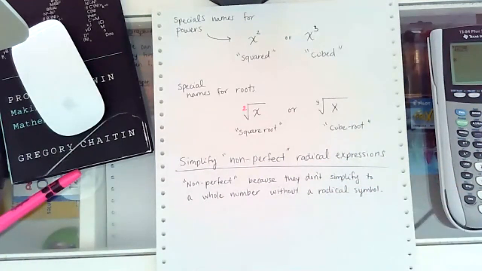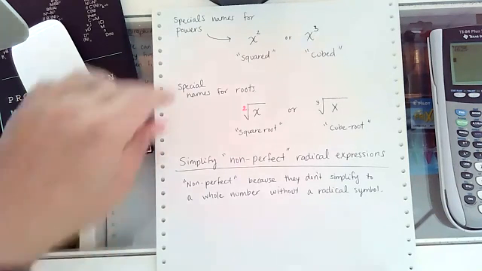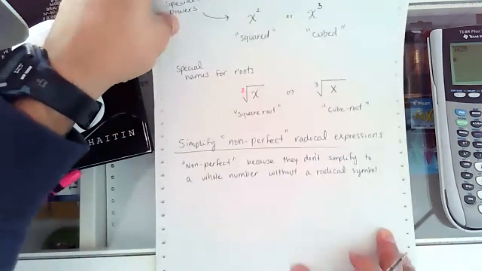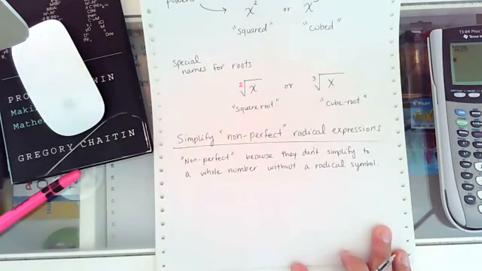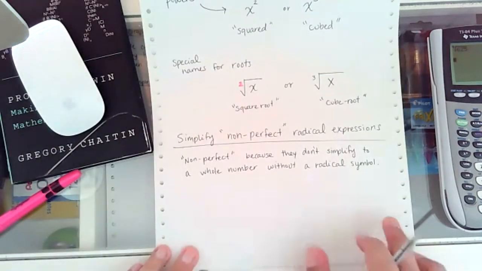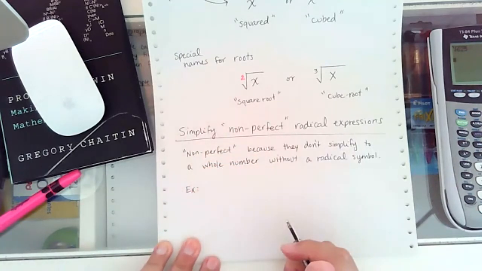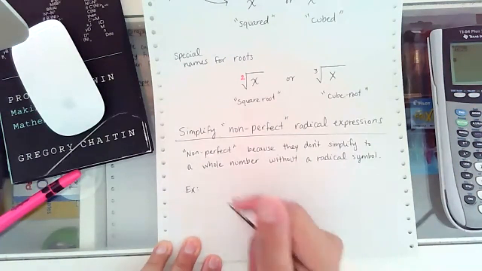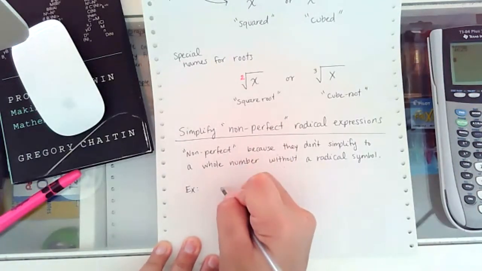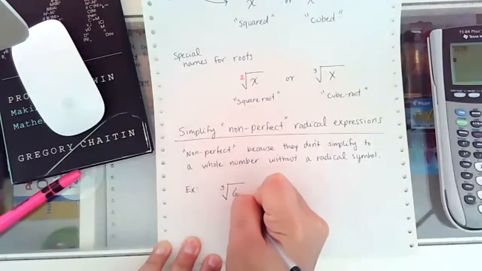So when we run into things like this, we can simplify them. They're just not going to look simplified all the way. We're just going to process them as much as we can. And so I think that jumping in with some examples will be good. I think I just did one: the cube root of 81.